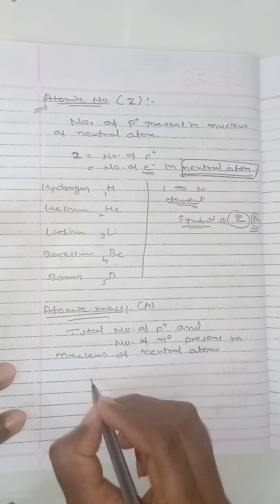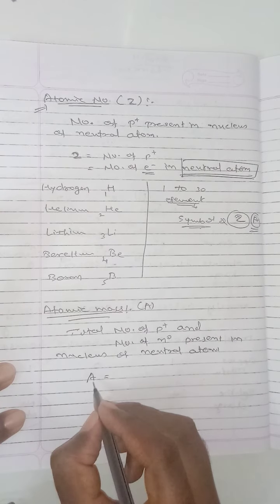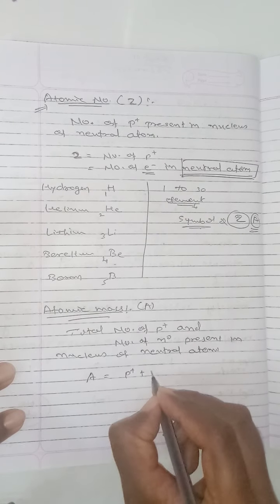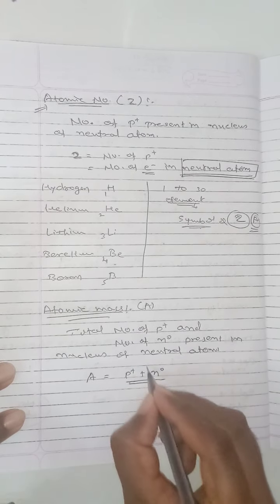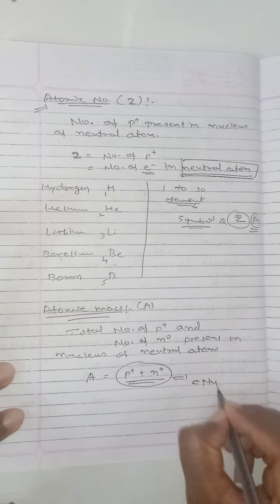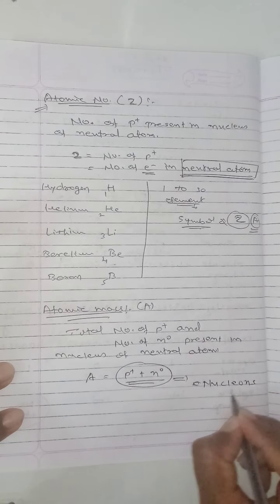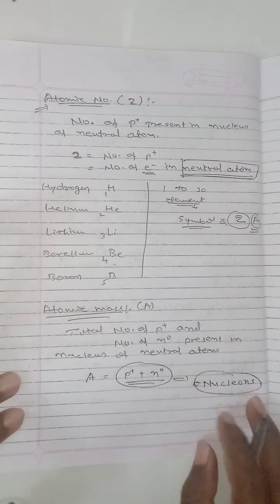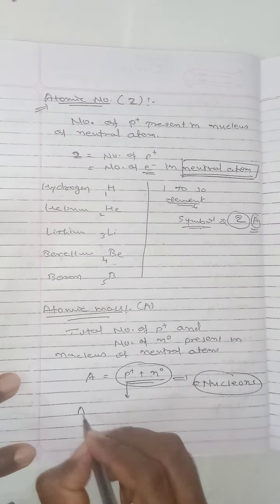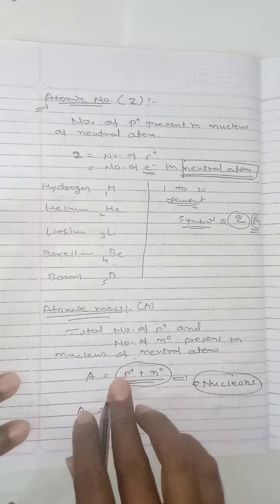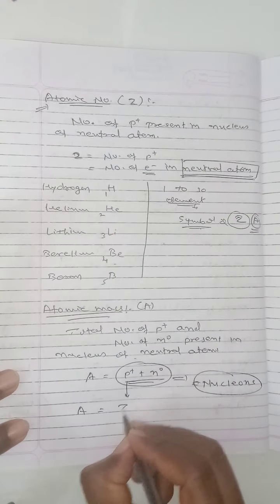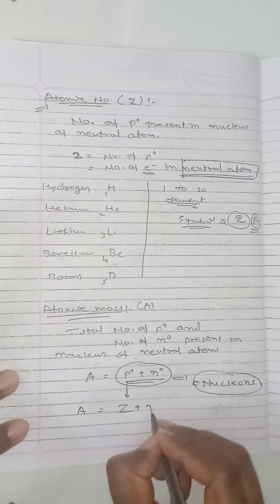In short, we can write A is equal to proton plus neutron. It is collectively known as nucleons. From this data, the total number of protons is equal to Z, so we can easily write A equals Z plus neutron.